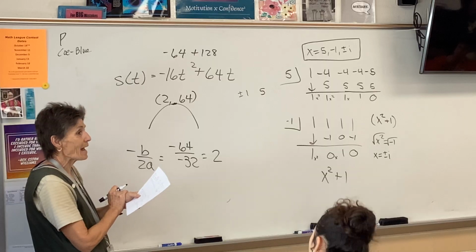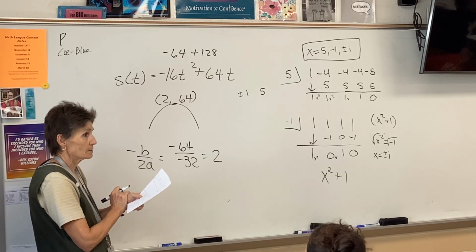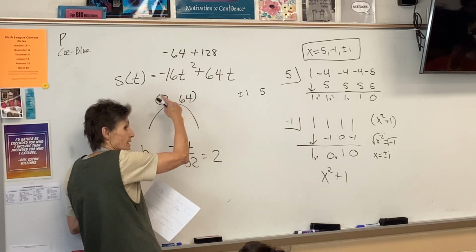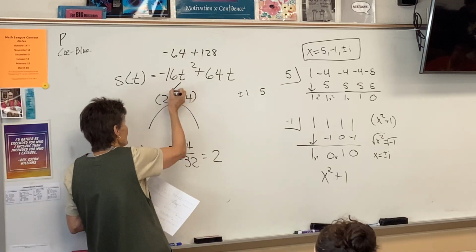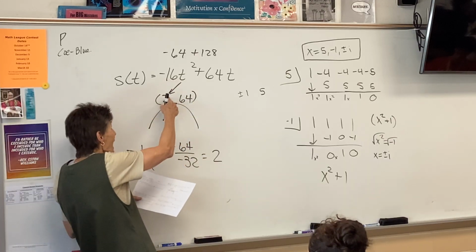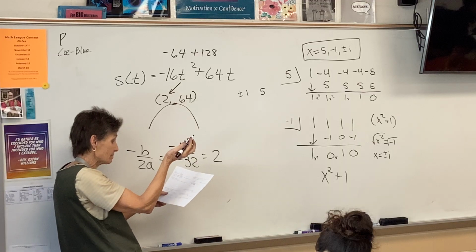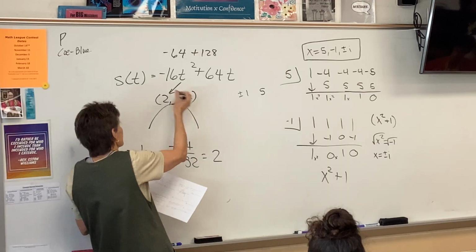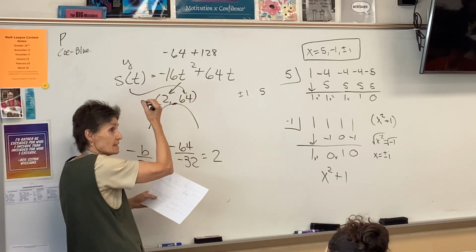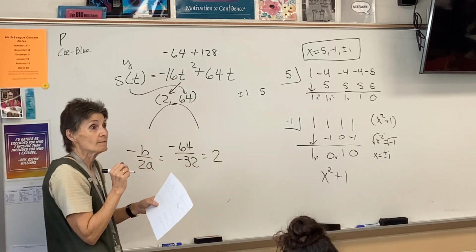Find the maximum height of the ball. This is the maximum coordinates. 2 is the t, the x, so that is the time. So 2 seconds. 64 is the y, or the height. So the answer is 64 feet.